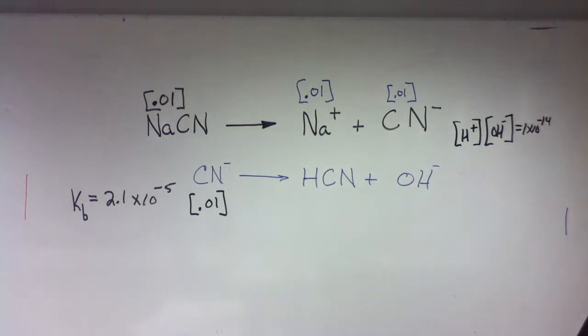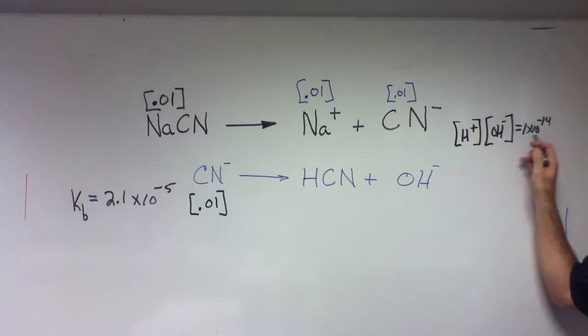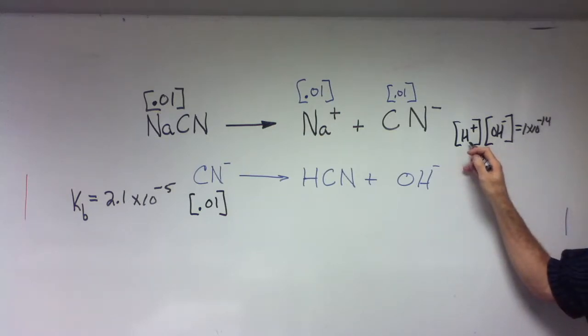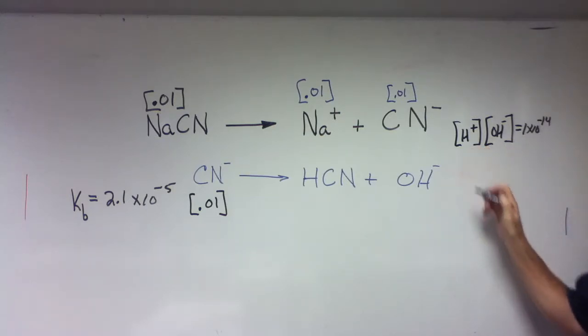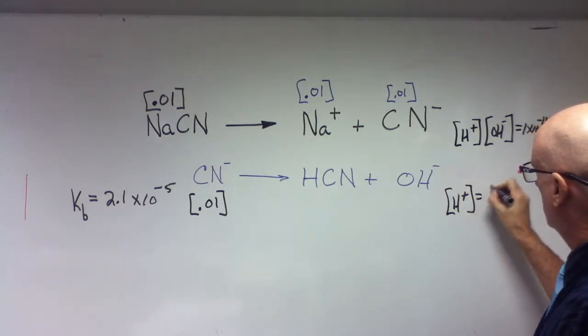So if I know this, I can divide through and get this, correct? So I can say 1 times 10 negative.